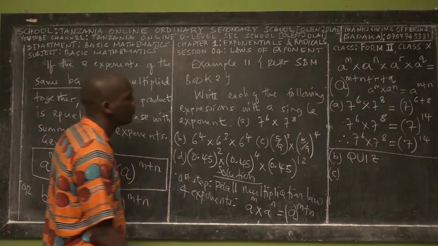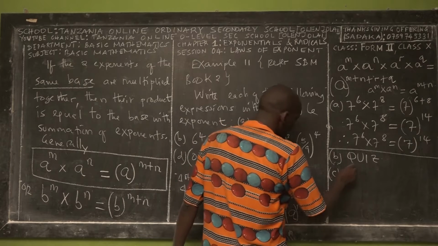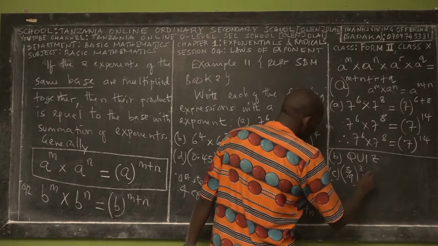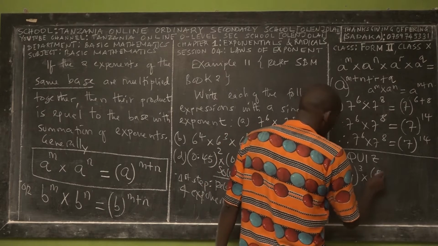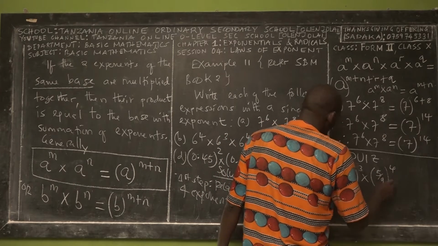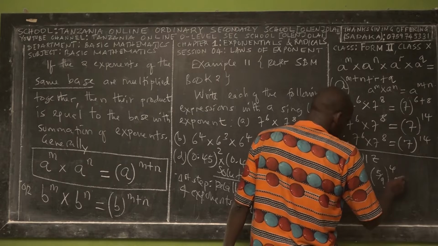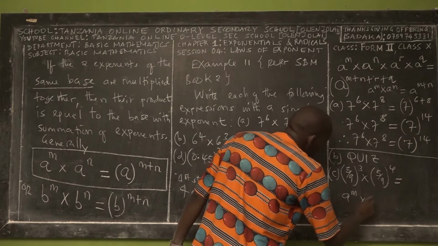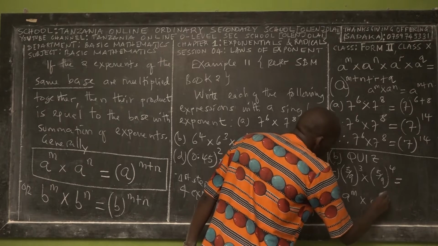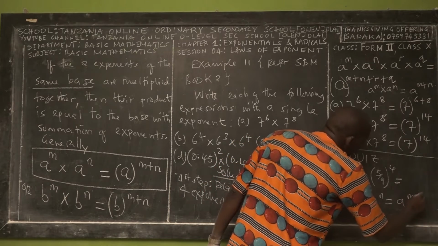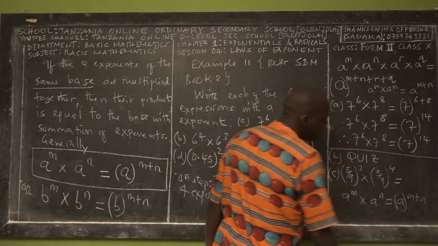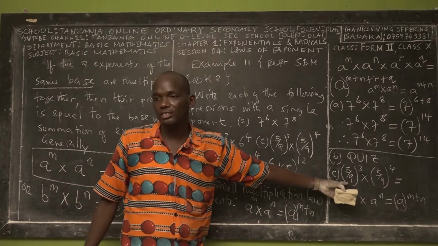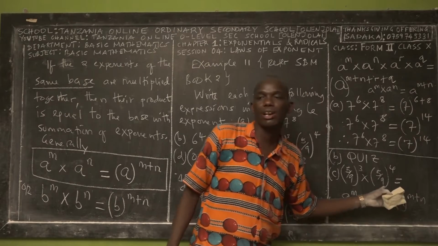Then let us go to Roman C because I want to challenge you. Roman C, we are given 5 over 9 power 3 times 5 over 9 power 4. Don't worry. The key point, I told you that if you have a power m times a power n, the answer is equal to a power m plus n. Right? So what is the base of this exponent? 5 over 9. What is the base of the second exponent? 5 over 9.